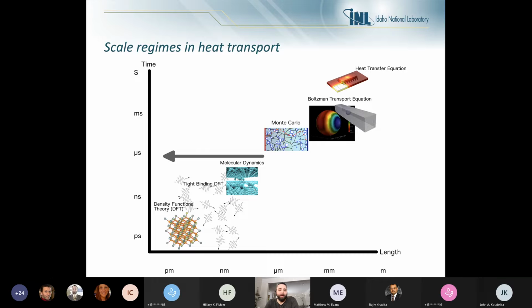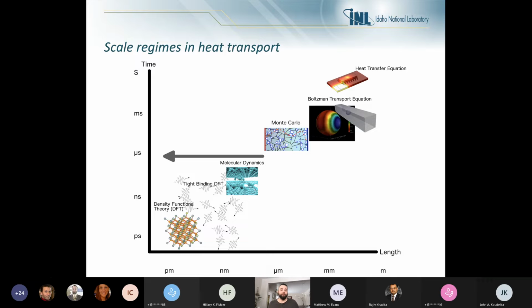Now, the reason that we want this scale bridging gap, and the importance behind it, is that while these MD and DFT methods are really, really accurate, and they can simulate lots of cool things that are happening, even more than we can at the Boltzmann transport scale, they're computationally expensive. What I mean by that is when we run simulations, we use these vastly powerful machines called high performance computing.